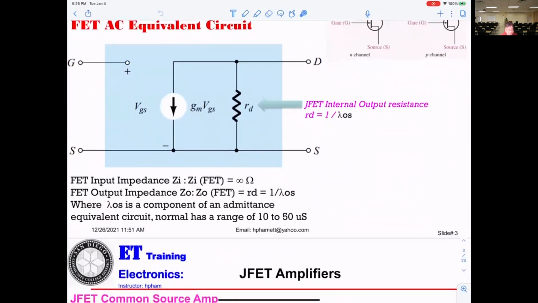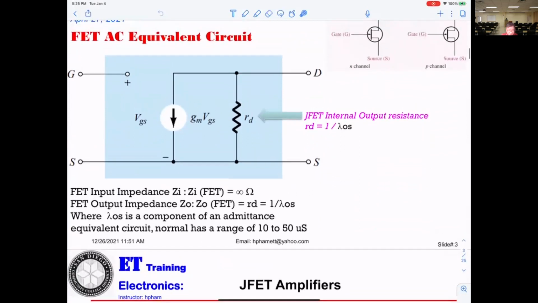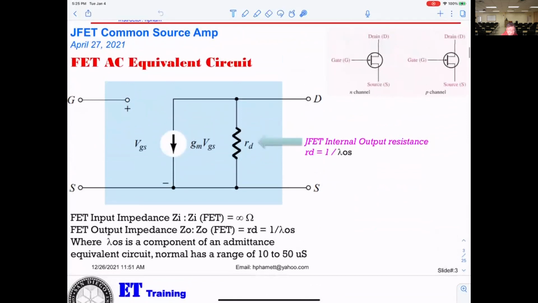This will show you basically inside. This is a DC circuit, and this will substitute that DC with AC circuitry. You still get the gate, the drain, and the source. From the gate to the source, you get the VGS.